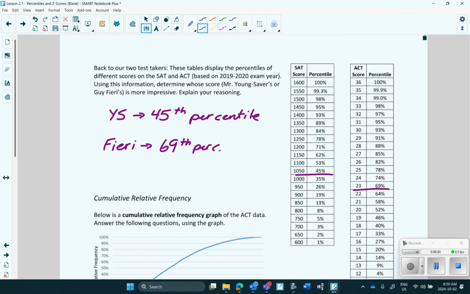That suggests that Fieri did better on his than Young Saver did on his.